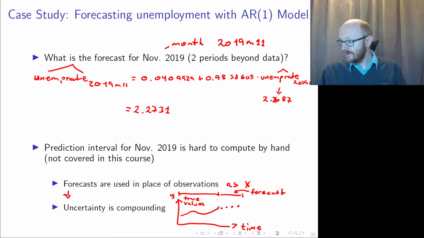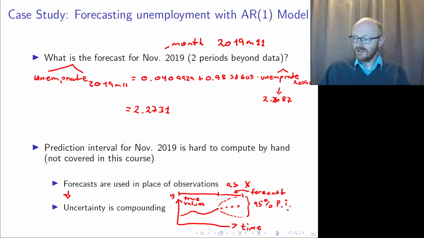But what you will find is that the uncertainty band is actually increasing. This is, for example, the 95% prediction interval. Okay, so the prediction interval, it's just widening if you are looking further and further into the future.